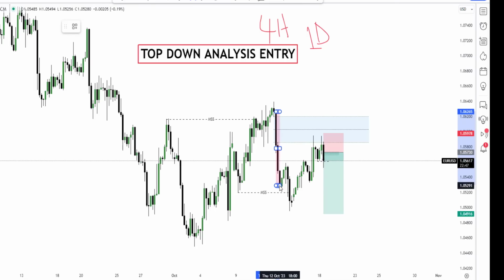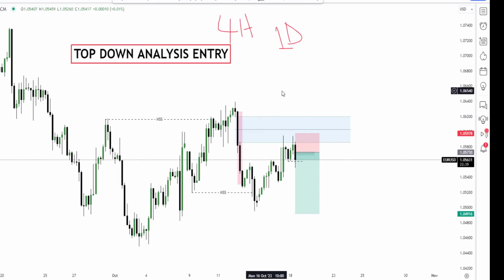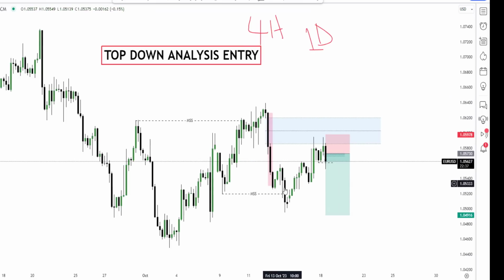Liquidity void is simply when you see price displaced from a particular level quickly. So these very big candles are known as liquidity void. So price will always want to balance it to come back into this bearish fair value gap, or what is known as sell side imbalance, buy side inefficiency.